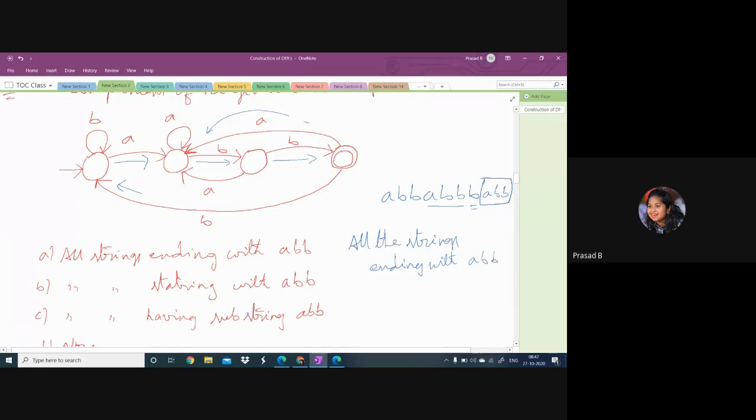So now we want the complement. Complement means you just add the word not. What is the complement? By making the non-final states final and final as non-final.